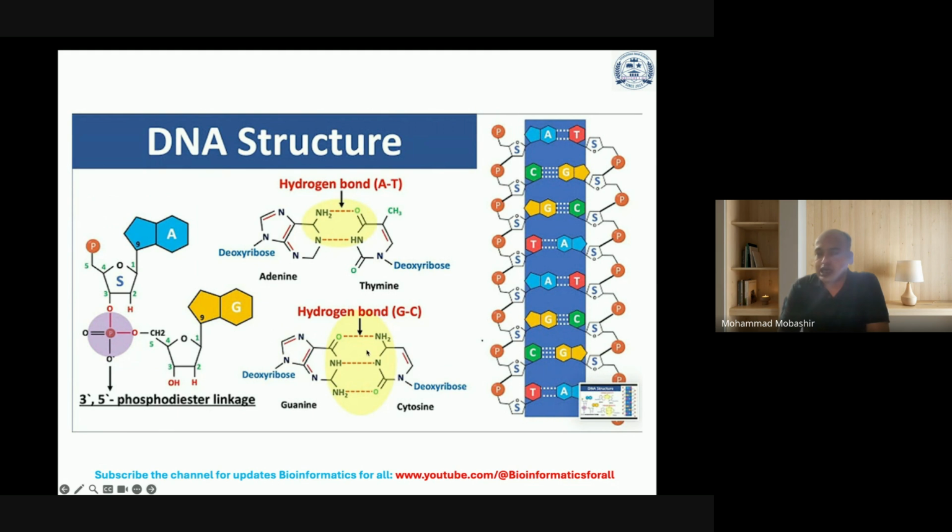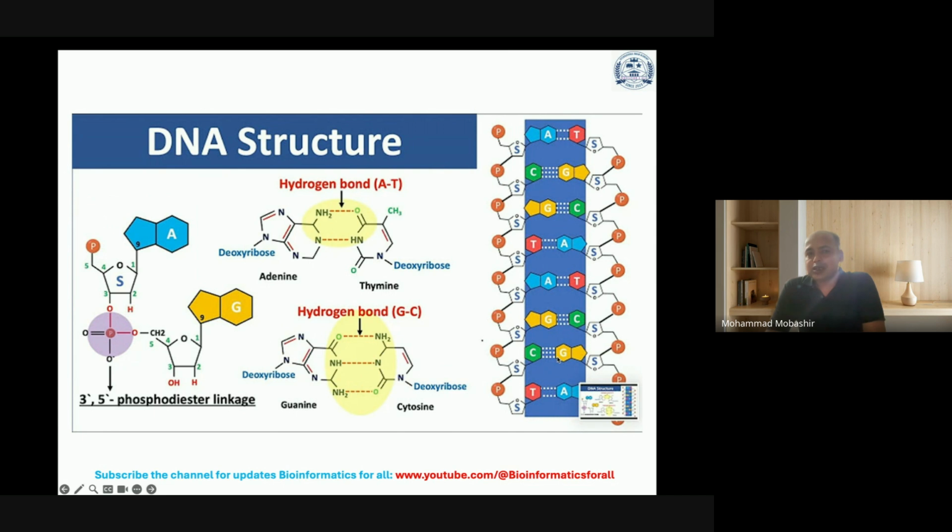And these bonds are represented here with the dashed lines. And if you want to see their structure with the bonds, they may look like this. Here you can see the double bonds between adenine and thymine and triple bonds between guanine and cytosine.